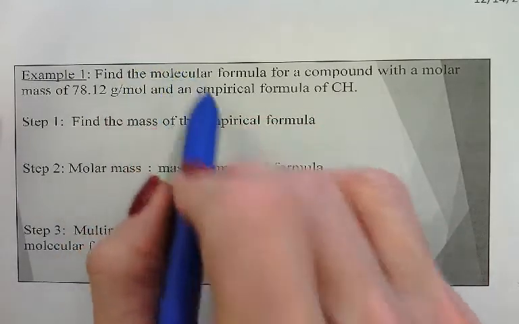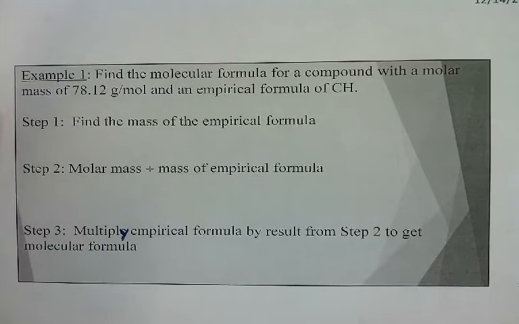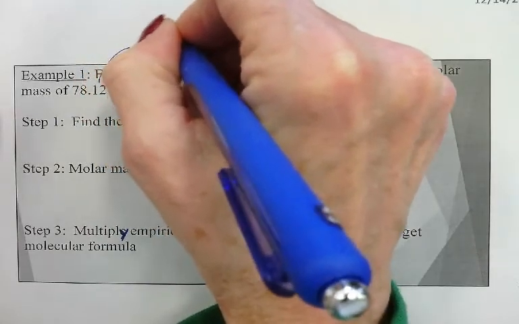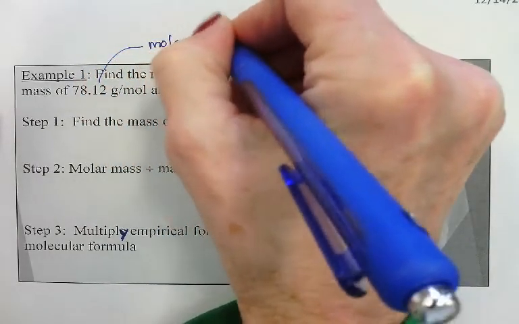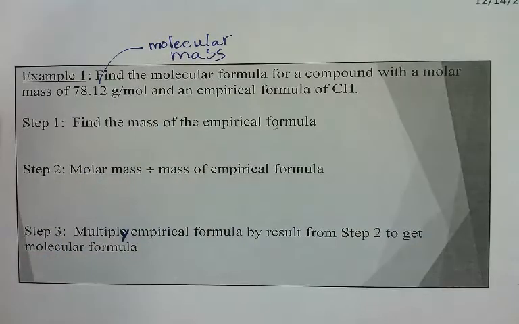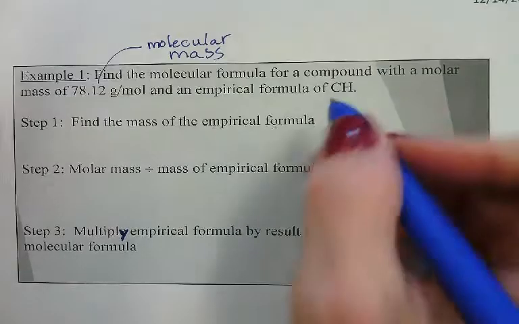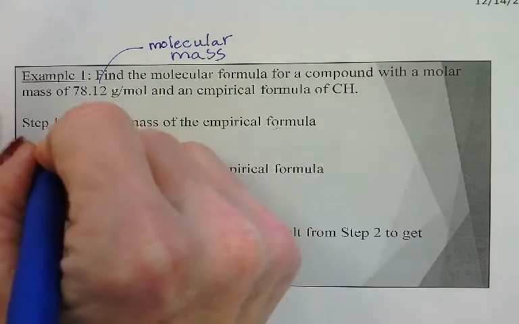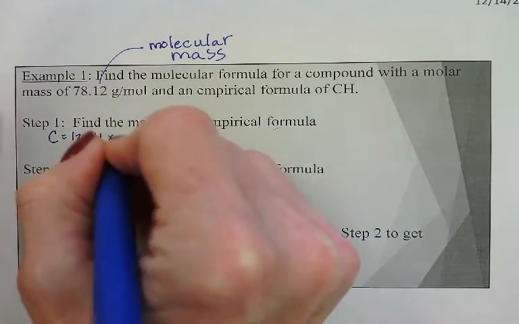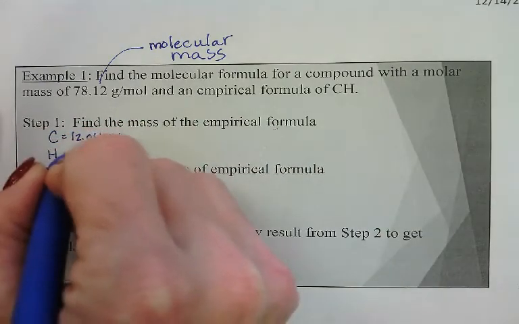Okay, find the molecular formula of a compound with a molar mass of 78.12 grams per mole and an empirical formula of CH. So this is my molecular mass. We need to find the mass of the empirical formula first. Okay, the empirical formula is CH. So it's going to be 1 carbon and 1 hydrogen.